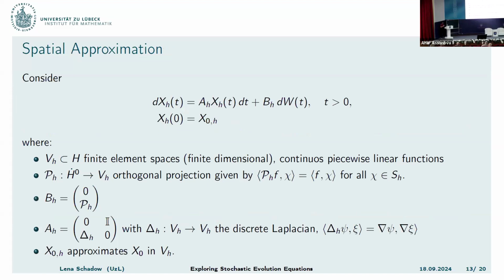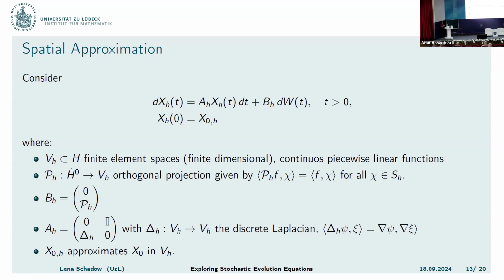Now I still have more slides, but I will try to briefly sum it up. What's the main idea of the finite element method? Because I think most of you are familiar with what we are doing. We are searching for finite element spaces, which contain, in our case, continuous piecewise linear functions.